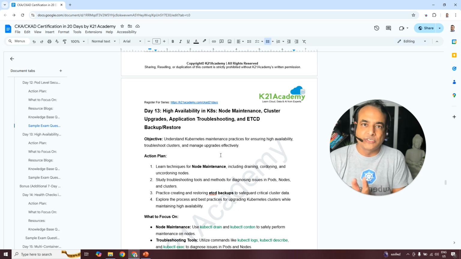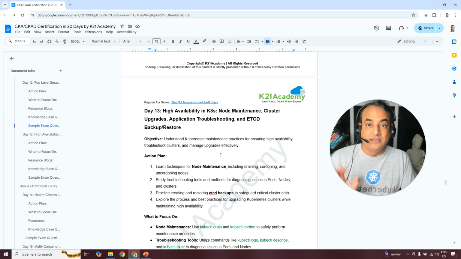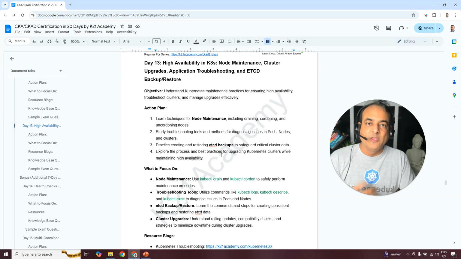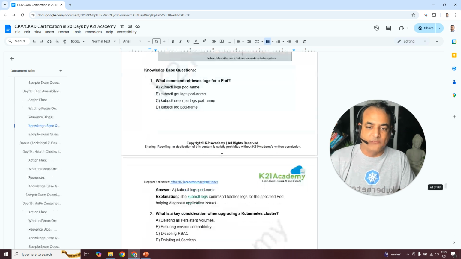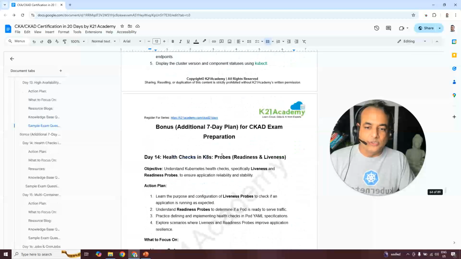We also look at cluster upgrade, including control plane upgrade, the master node, or the entire cluster itself. We'll also look at troubleshooting and then backup and restore. These are, I think, the most critical points, especially if you're working as an administrator. And as I said, backup and restore and cluster upgrade are where a lot of people fail the certification, especially the CKA certification if you're appearing for that. So pay special attention to this day.